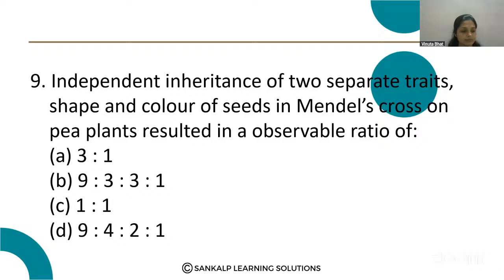Not A. 3 is to 1, that is the monohybrid cross. Yes, option B. 9 is to 3 is to 3 is to 1. Okay.